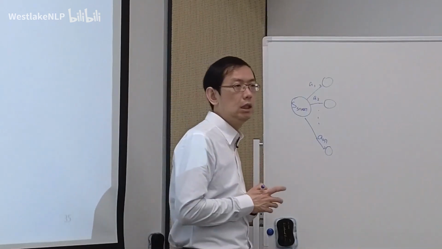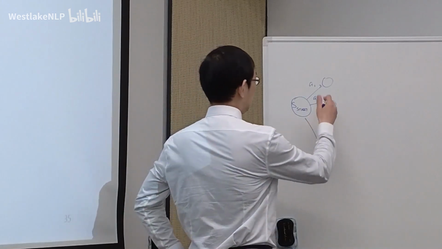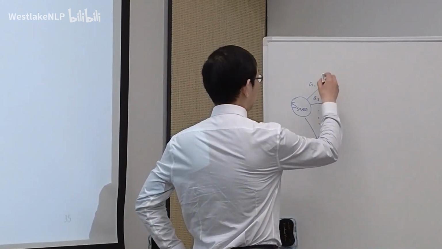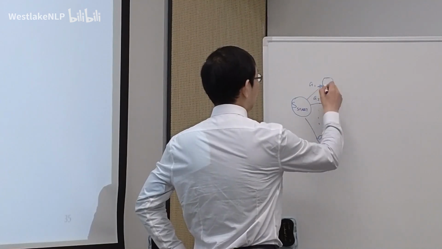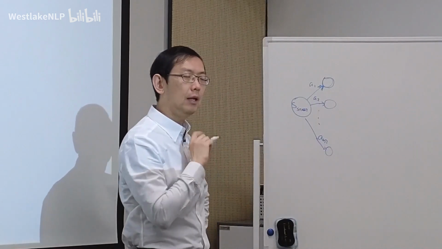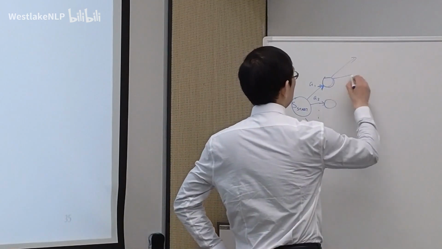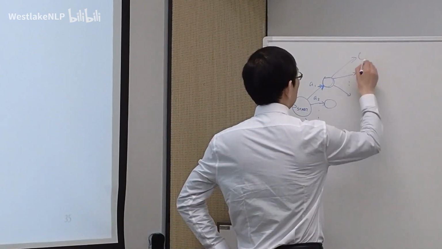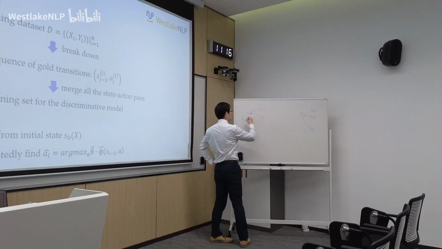From these states, you select the highest scored one. Suppose that it's A1, okay? We select this state, and we advance the current state to this state. And then we run the classification model again, right? Resulting in a lot of different states. And we select another state.